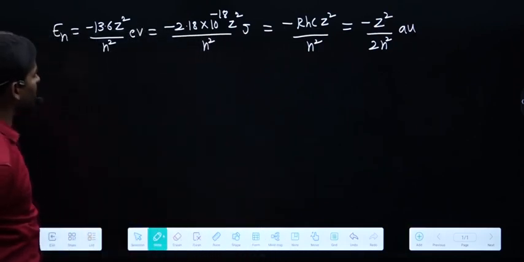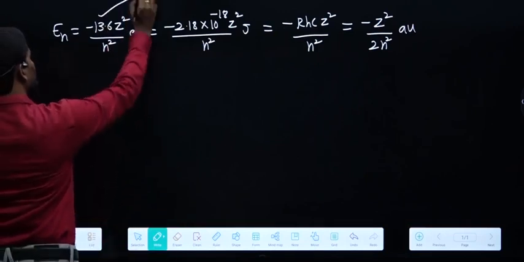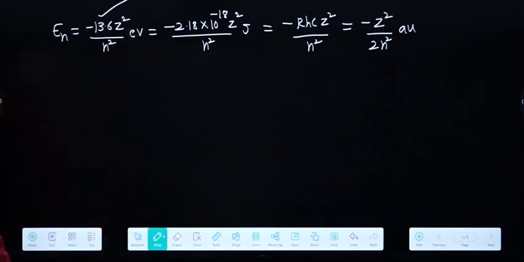These are the various expressions we have for energy. The main important one is minus 13.6 into Z square by N square electron volts.